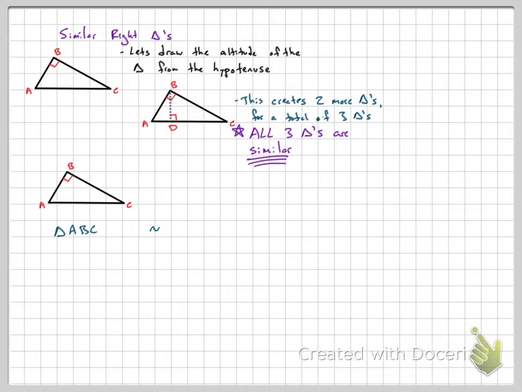What I'm going to do is draw the medium-sized triangle with the same orientation as our original big triangle, so I have my short leg, my long leg, and my hypotenuse. Once I do that, it makes it really easy to figure out which sides correspond. AB is how I started my first one, which means I'm going to start my second one with DB, followed by BC.